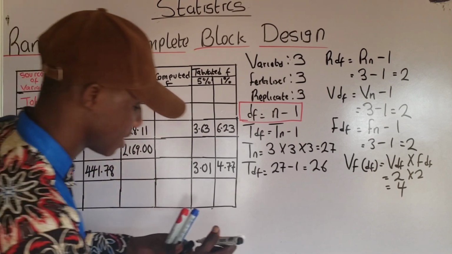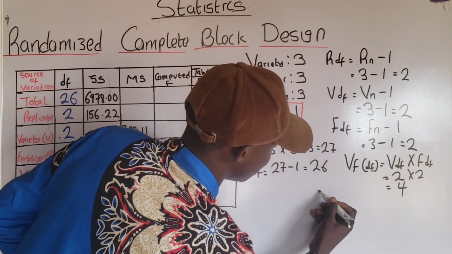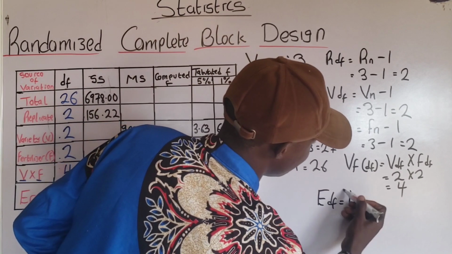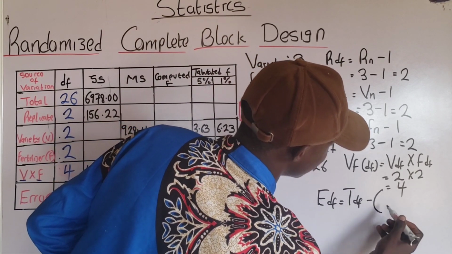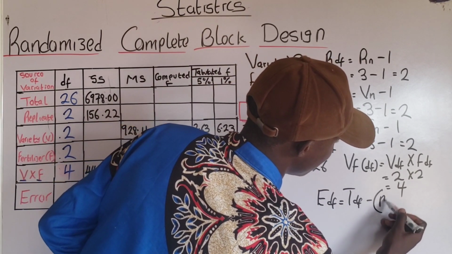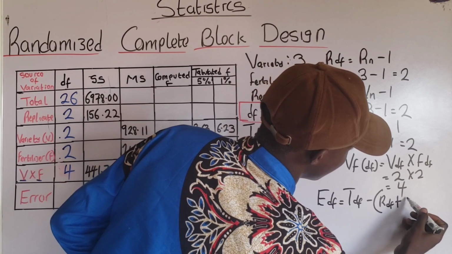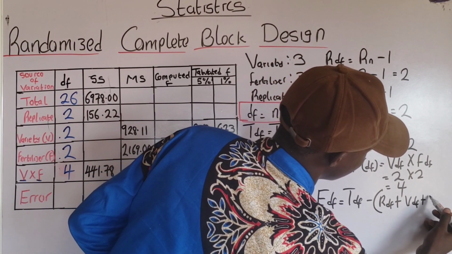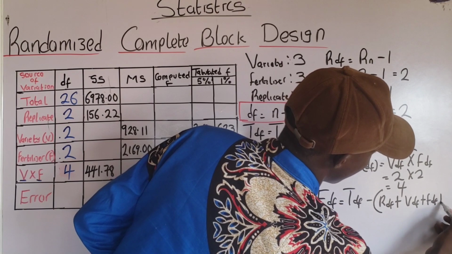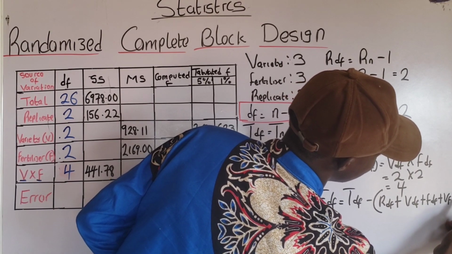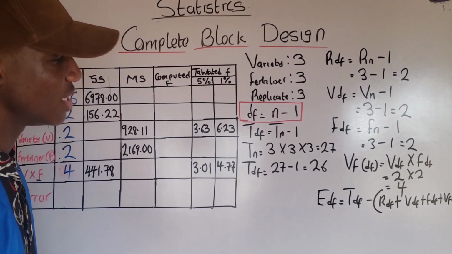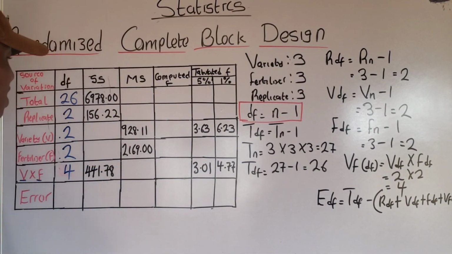The error degree of freedom is equal to the total degree of freedom minus the sum of the replicate degree of freedom, the variety degree of freedom, the fertilizer degree of freedom, and the variety fertilizer degree of freedom. You understand?